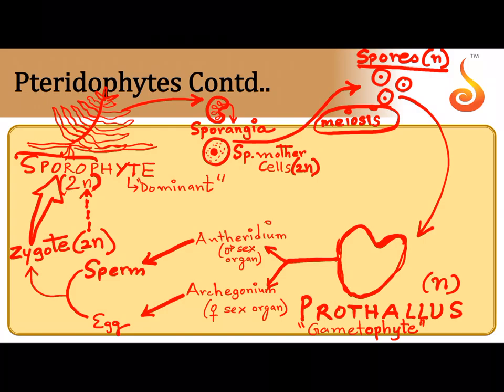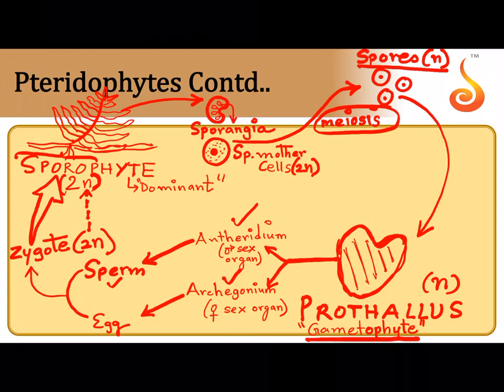How? By meiosis. The spores germinate into this heart-shaped, undifferentiated thalloid structure called prothallus, which is a gametophyte. How do you know it is a gametophyte? Because it takes part in sexual reproduction. For that it has a male sex organ called antheridium and a female sex organ called archegonium.